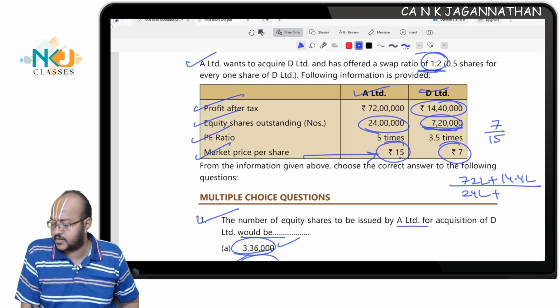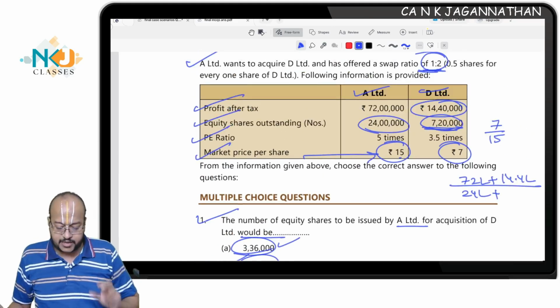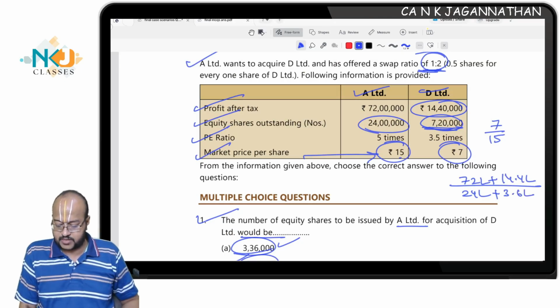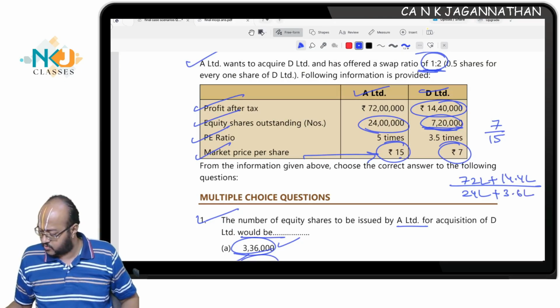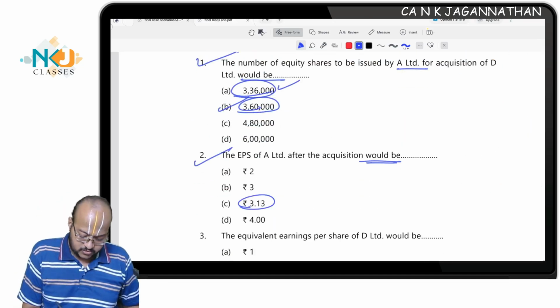How much is that? Just now we discussed, 3,60,000 you have issued. So 24 lakh plus 3.6 lakhs is 27.6. 72 plus 14.4 divided by 27.6 is 3.13. Are you all comfortable? So this is the solution.